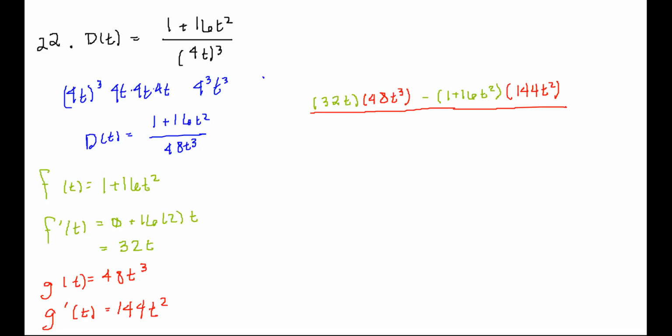Okay, so let's finish this up. We have g squared. So that would be 48t cubed squared. Now it's again a matter of algebra, simplifying all of that stuff.